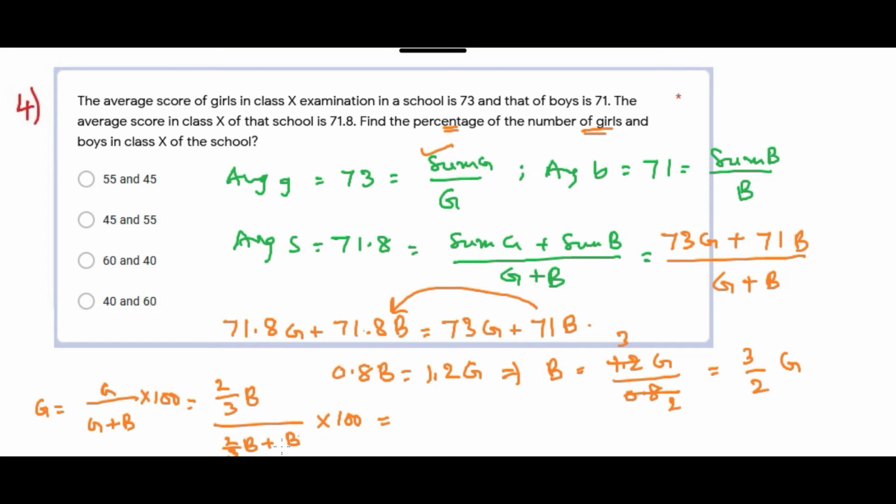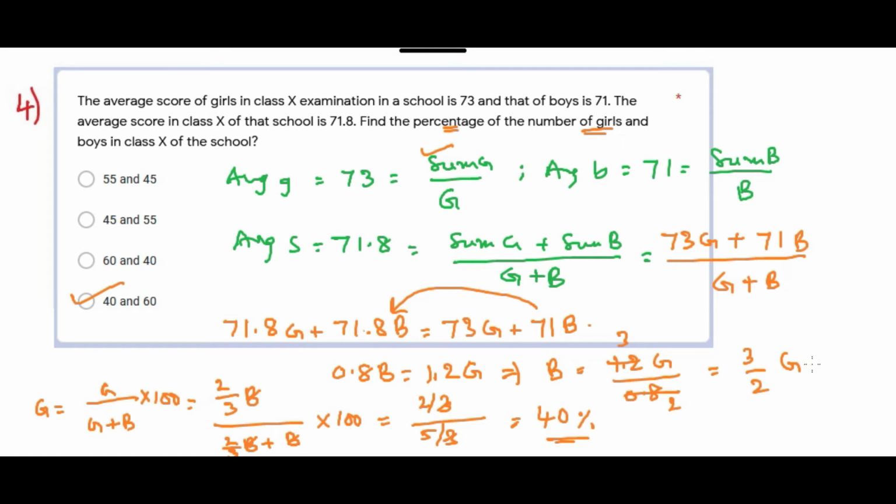If you take B as common, it will go off. So 2 by 3 divided by 5 by 3, which is equal to 2 by 5, which is 40. So the girls percentage is 40. This will be the answer.